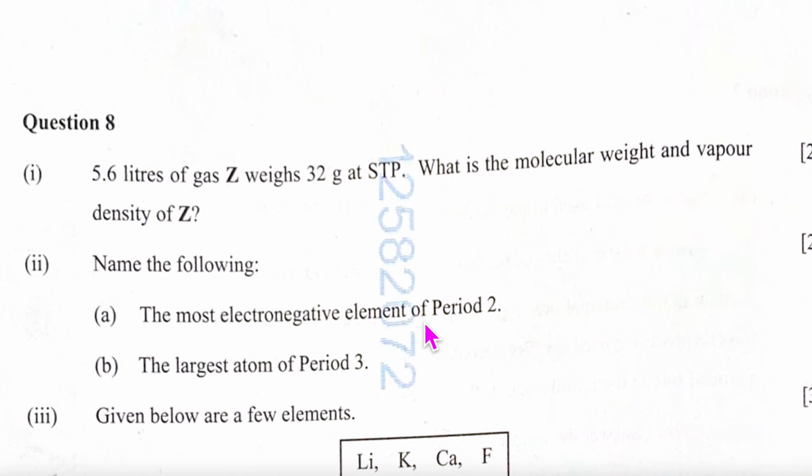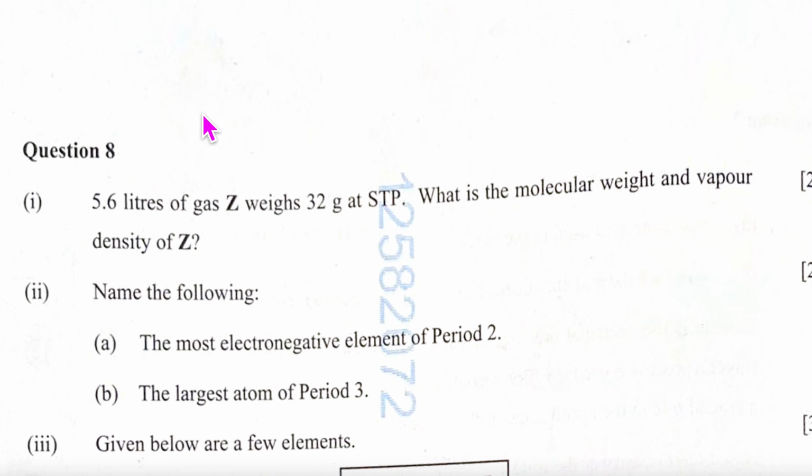Let us look at our working. We'll need some space for working. 5.6 liters of gas Z weighs 32 grams at STP. What is the molecular weight and vapor density of Z? Let us write down the data.